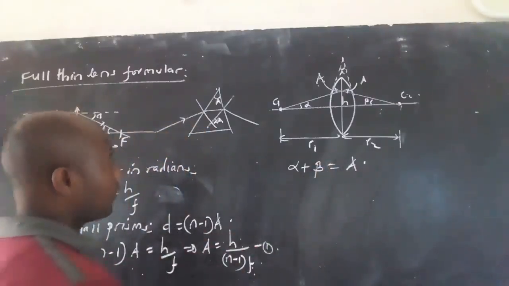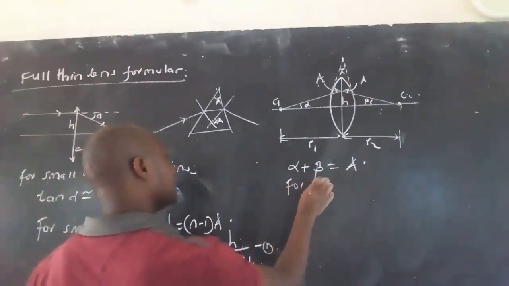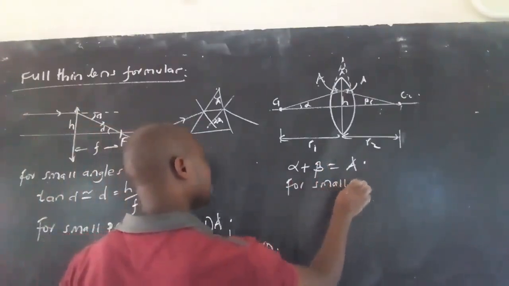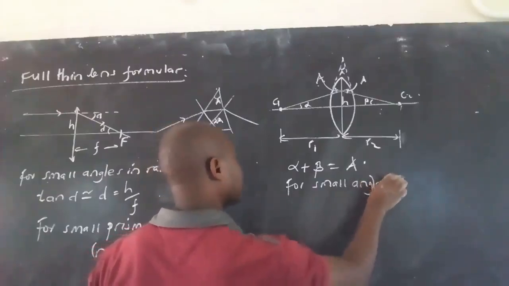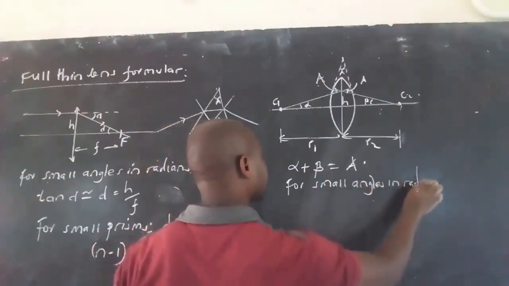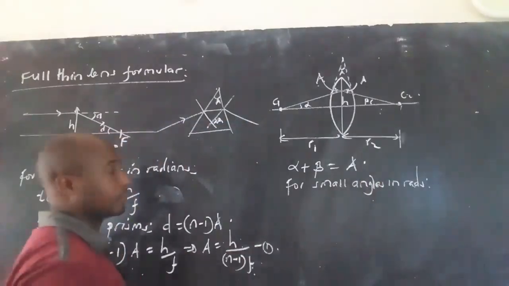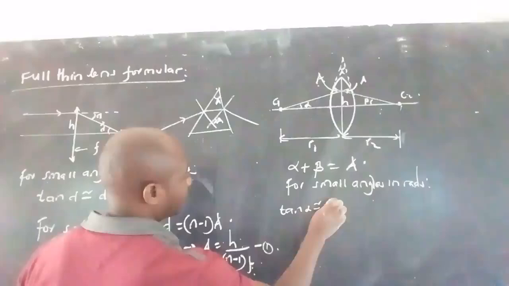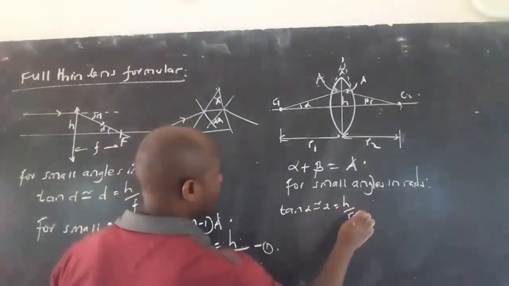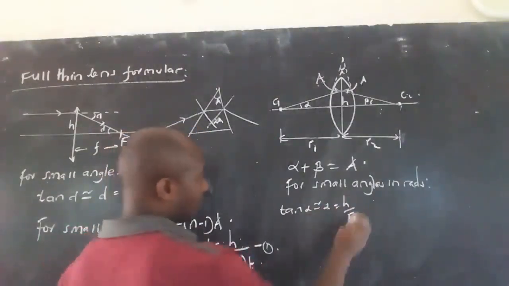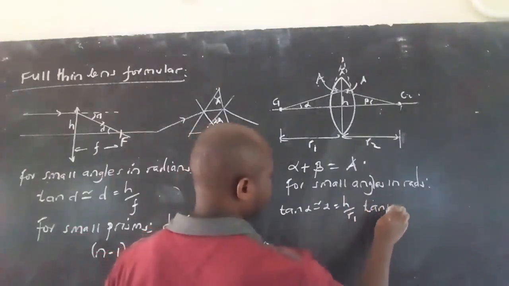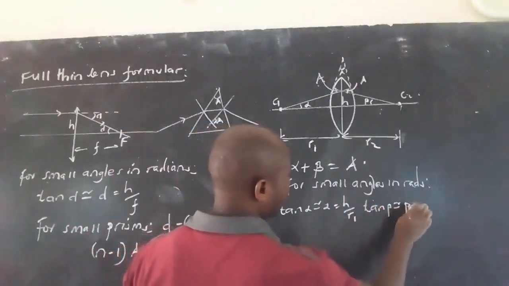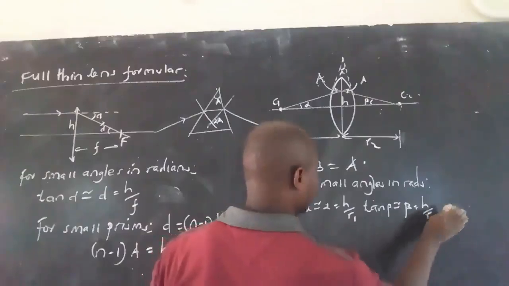Okay? Now, for small angles in radius, we shall now have tan of alpha approximately equal to alpha, which is h over r1. Tan of beta equal to beta, which is h over r2.